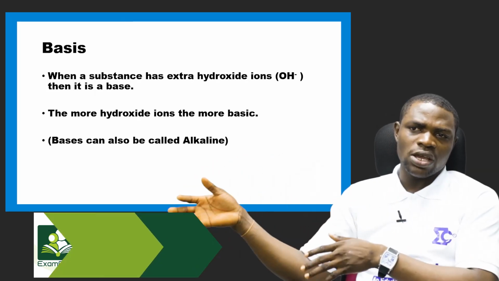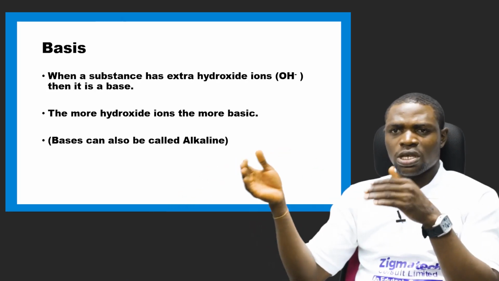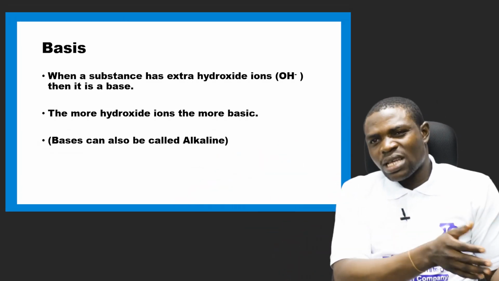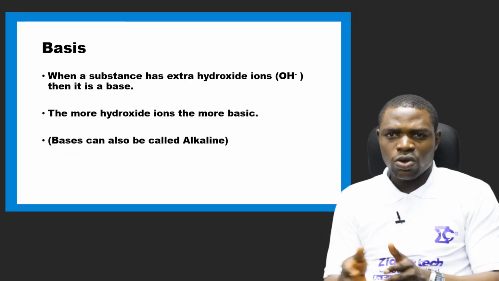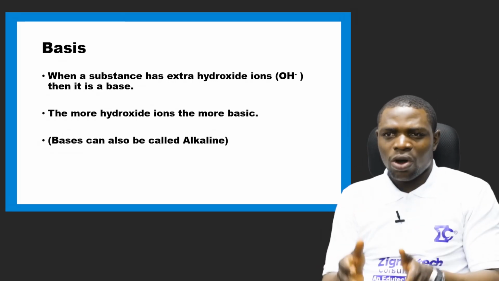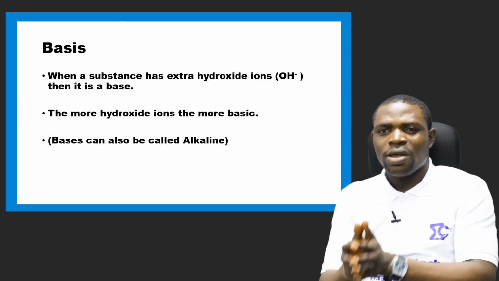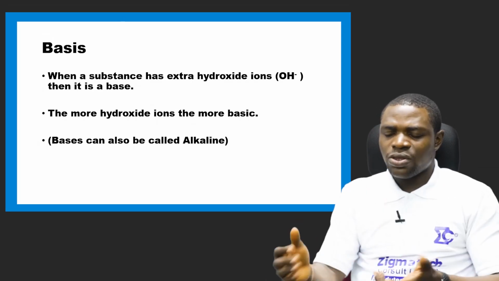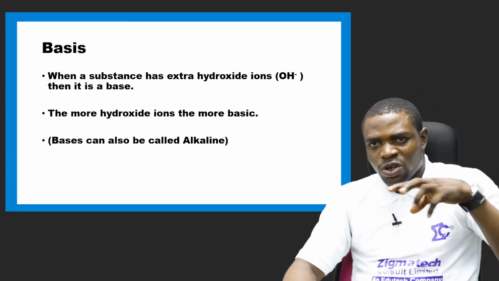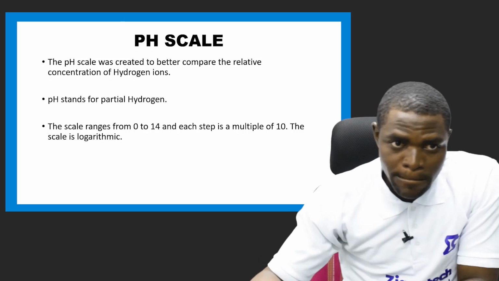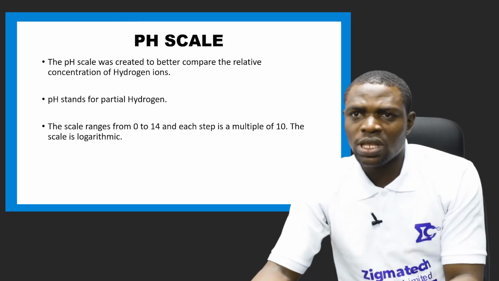So the more hydroxide ion, the more basic. Please note this: the more hydrogen ion, the more acidic; the more hydroxide ion, the more basic. So bases can now be called alkaline, based on the fact that they have hydroxide ion, OH minus, as part of their component.